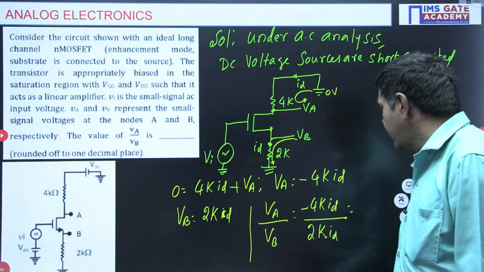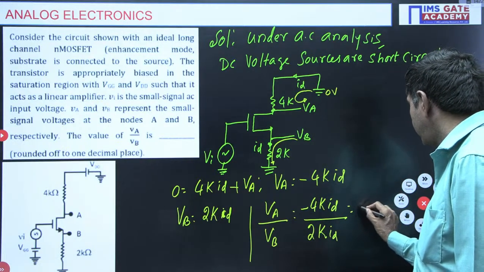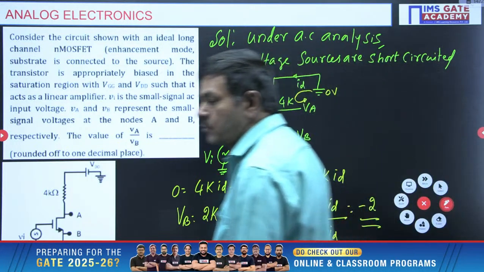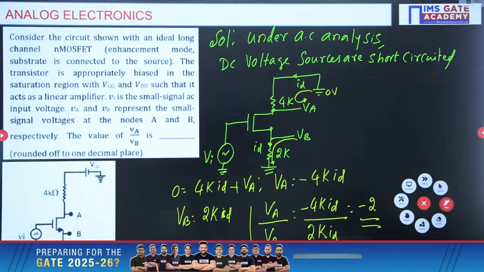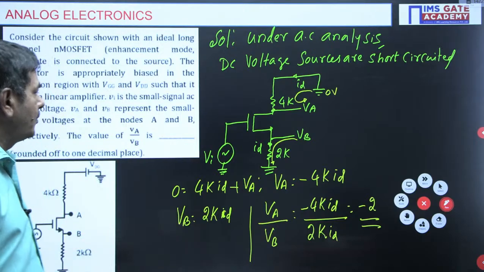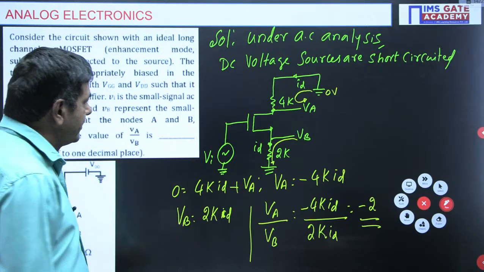ID cancels, K cancels, and we get minus 2. This is the solution for this question. Please note this down. The answer is minus 2. I hope you followed.